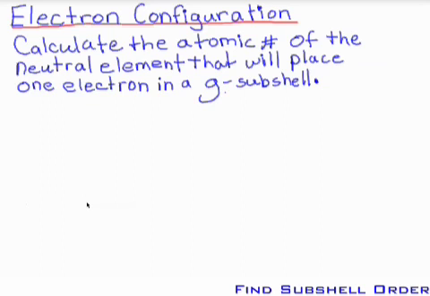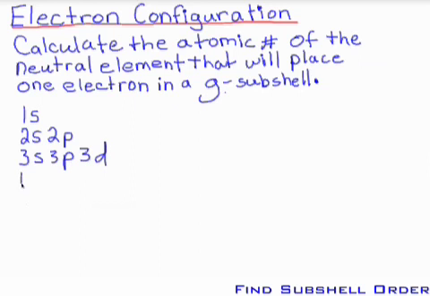In order to do this, we need to write down our subshells in descending order. Now, you should note that the first shell can have only one subshell, the 1s. The second shell, as we've learned, can have two subshells, the 2s and the 2p. The third shell can have three subshells, the 3s, 3p, and 3d.